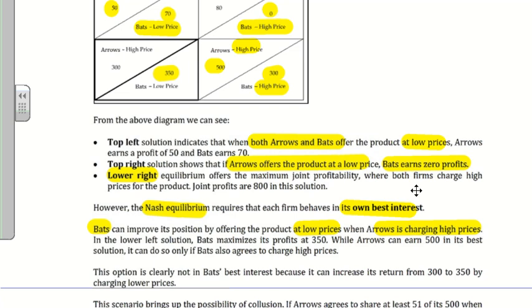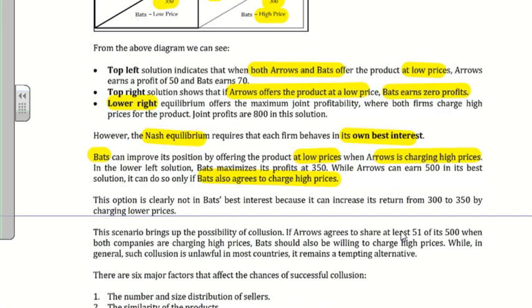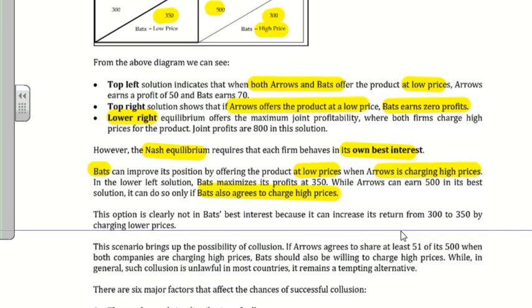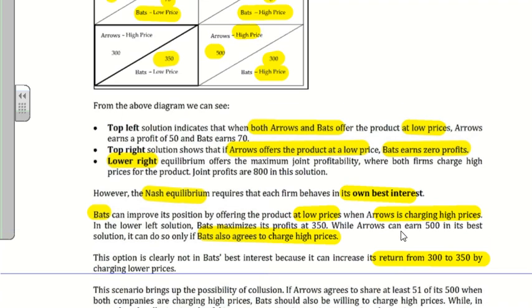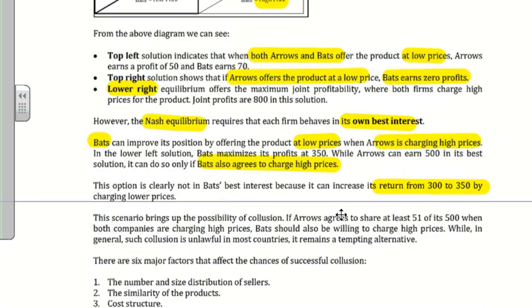It can only do so if Bats also charges a high price. So you've got to just try and see where is the best option. Truth be told, no one cares what the other person is doing or how much profit they are making, as long as you can make the best profits. The option is clearly not in Bats' best interest because it can increase its return from 300 to 350 by charging lower prices. So they can move their prices up to 350 if they then go and charge low prices.